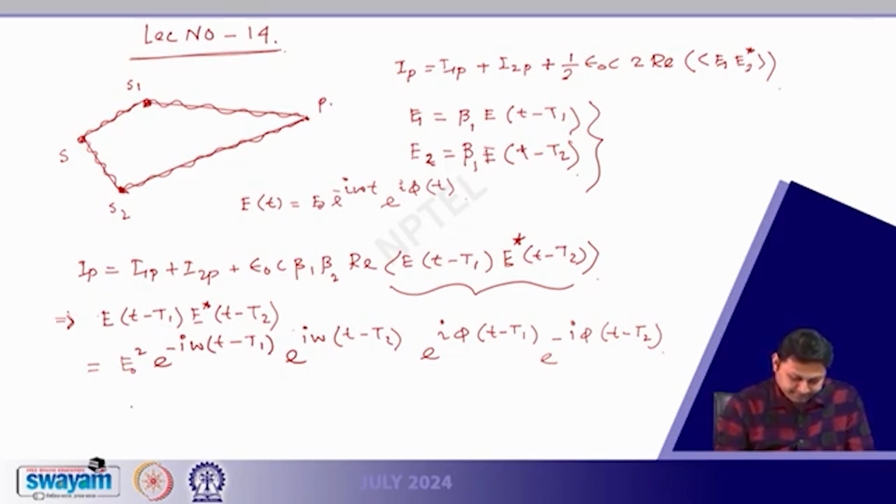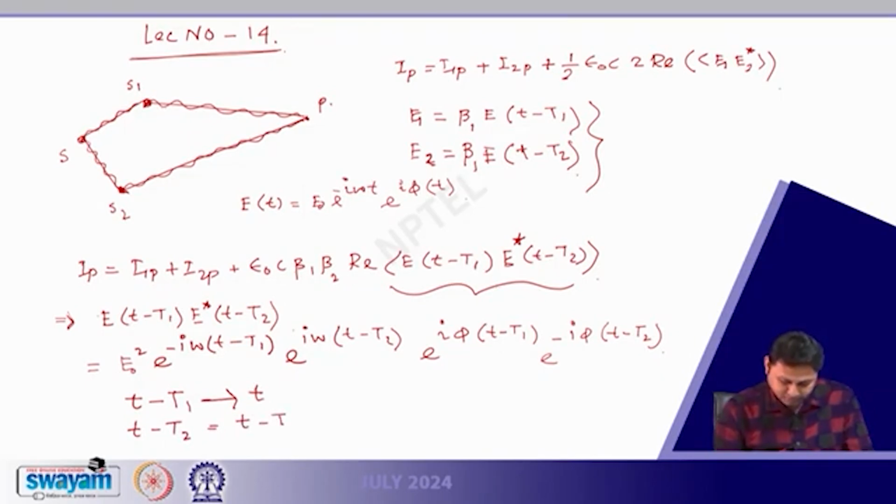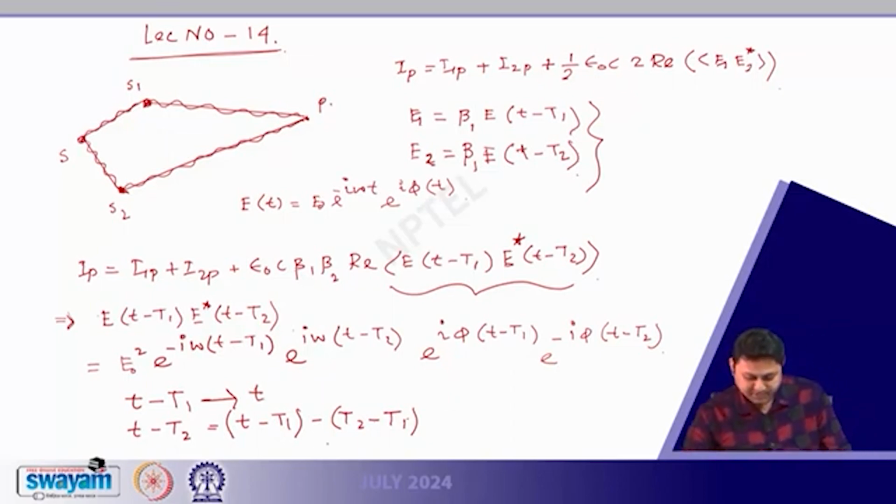Now, if I rescale t minus T1 to some t, then t minus T2 I can write as t minus T1 minus (T2 minus T1). I just rescale so that t minus T1 is t, and t minus T2 in terms of t minus T1 I write this.